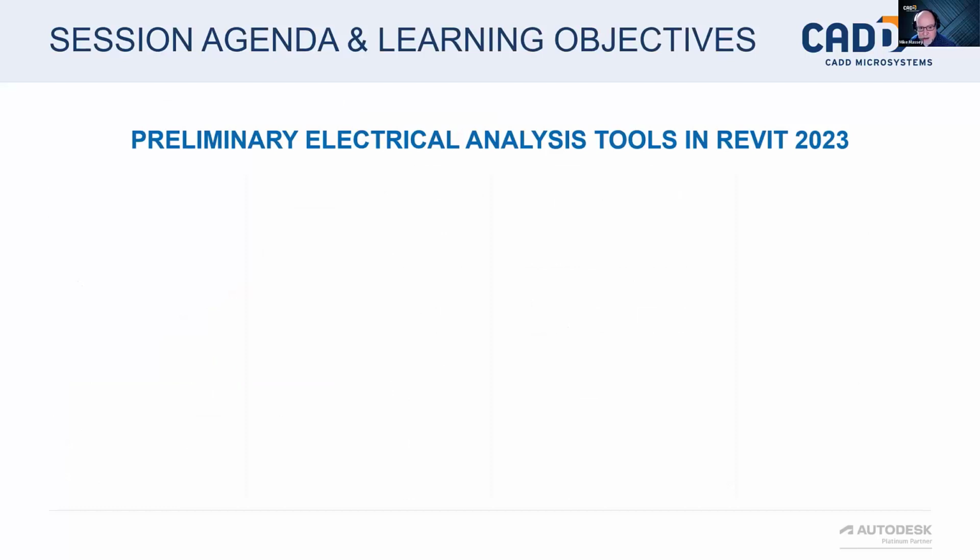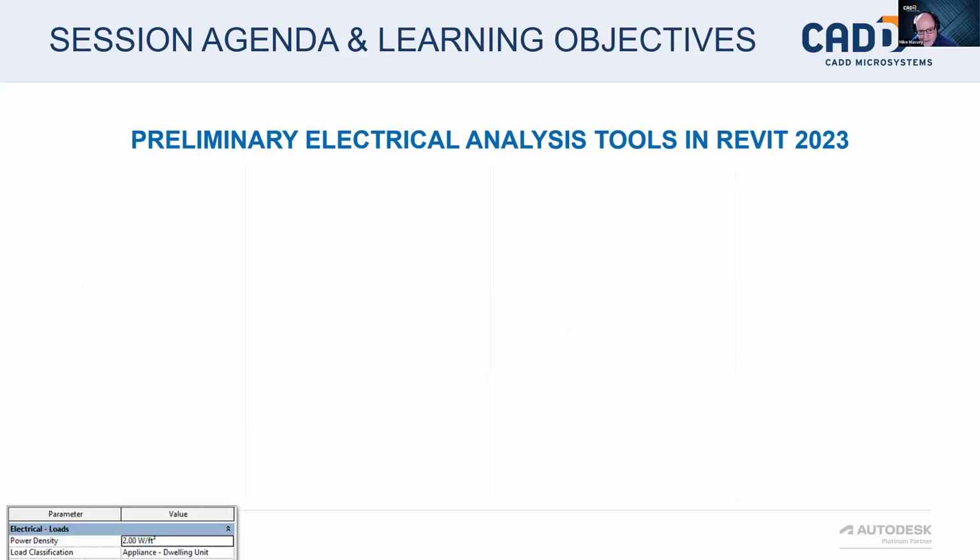So what I'm focusing on today are the new tools for electrical analysis. These are preliminary tools that are in Revit 2023. I've divided this up into four different sections to break it down, and I think it will show you a typical workflow that you can use to begin using these tools.